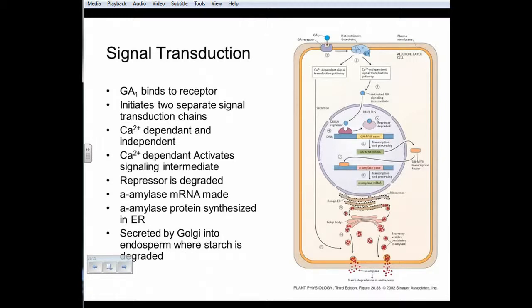Now you can put it all together. We have this gibberellic acid binding, which ends up going in and acting with the DELLA genes, which we'll talk about in a moment.